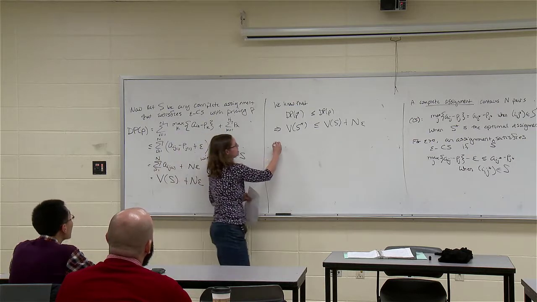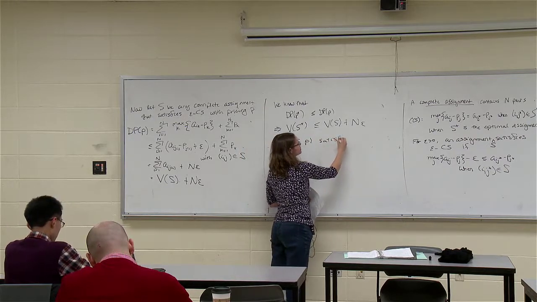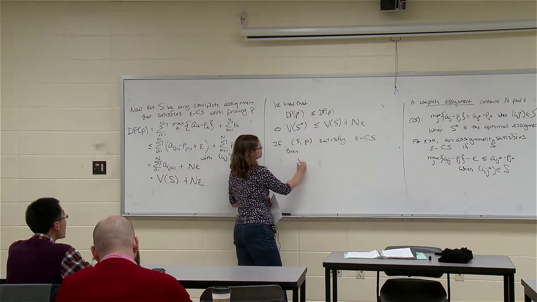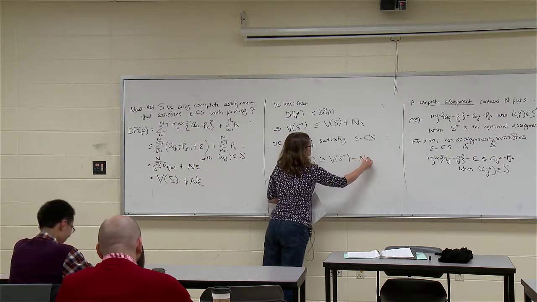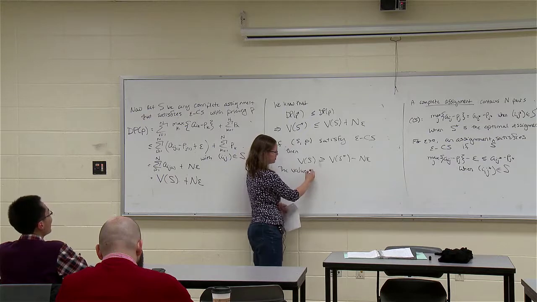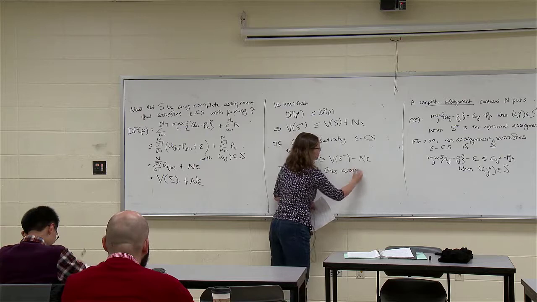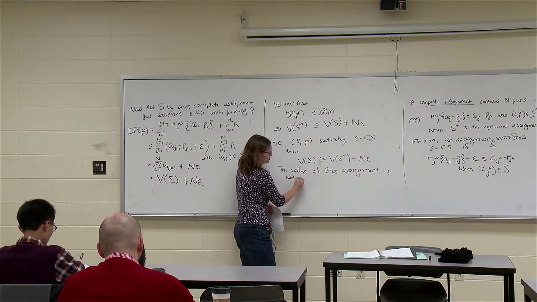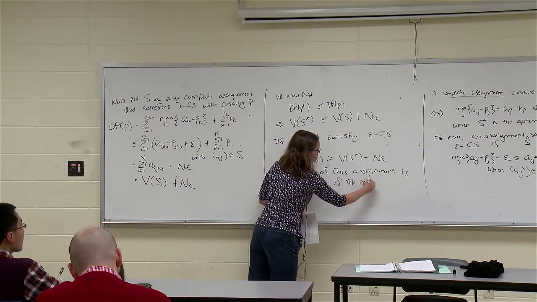So if S and p satisfy epsilon complementary slackness, then V of S, just writing it a different way, the value associated with this assignment is going to be within n epsilon of the optimal value.